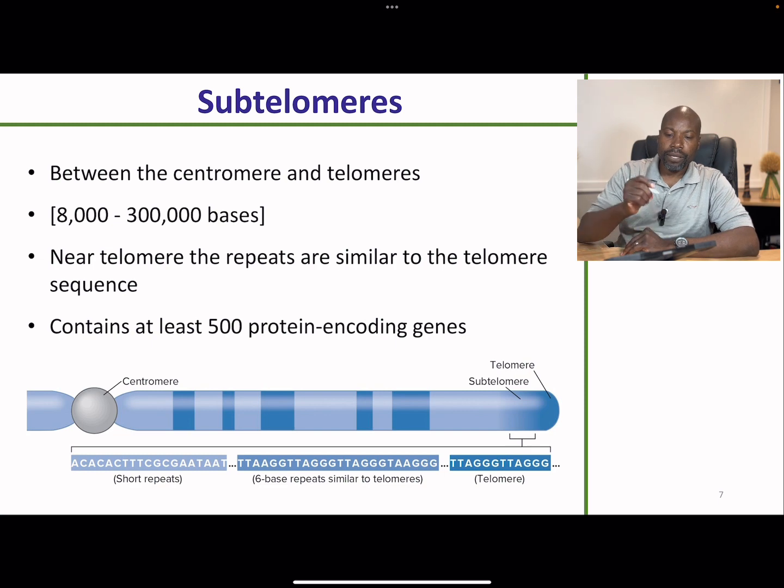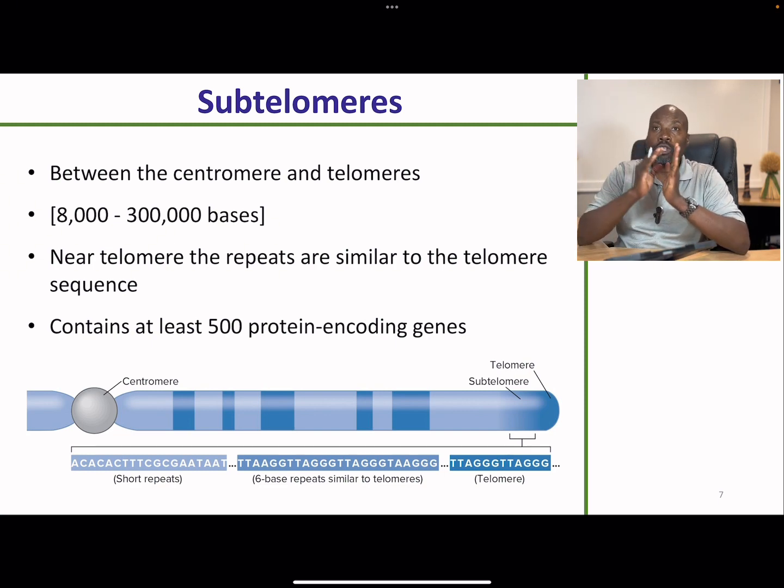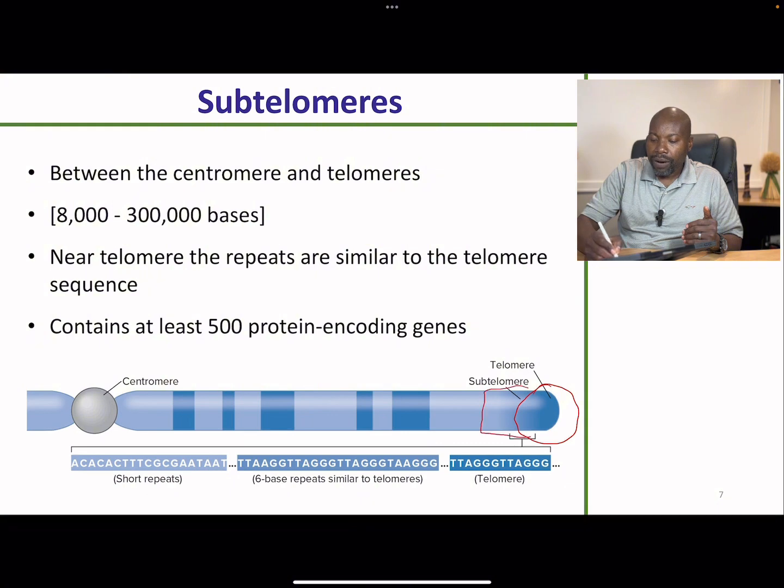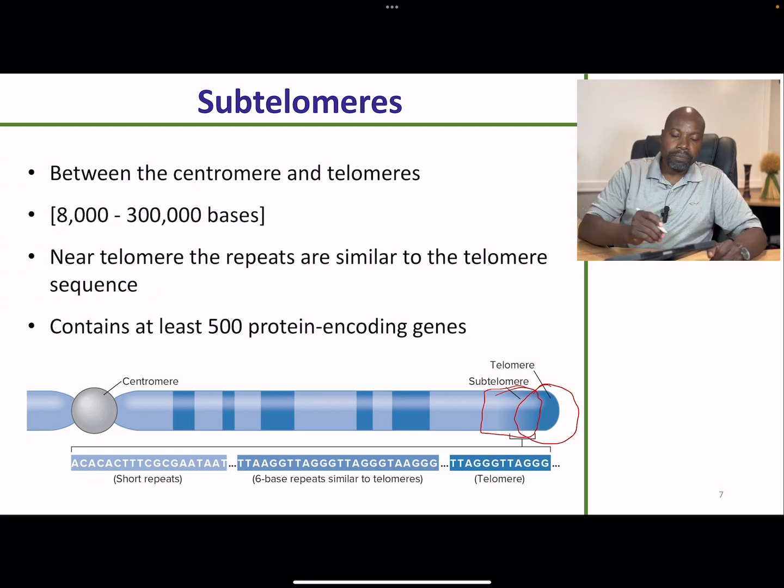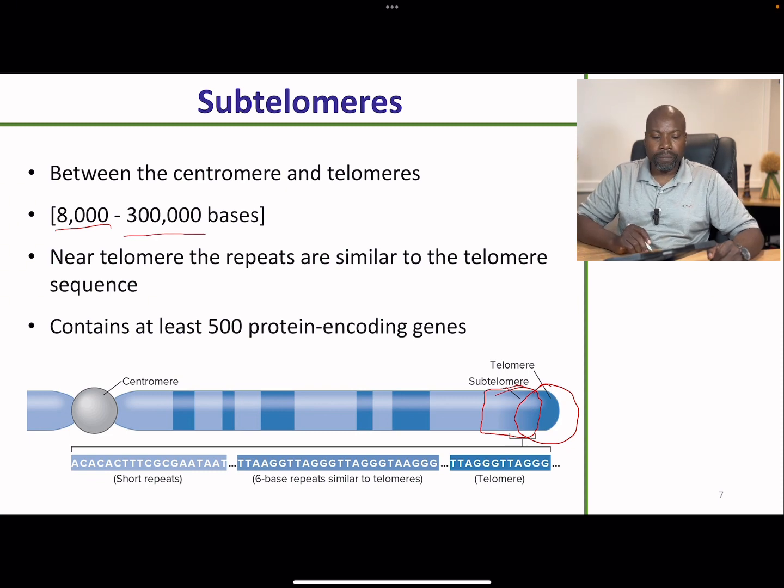All right. The telomeres, I told you what the telomeres are. The telomeres are at the very end of the chromosomes. Now, the subtelomere area is an area that comes right before the telomere, right? And this area is very similar to the telomeres. It is made up of about 8,000 to 300,000 base pairs, right?